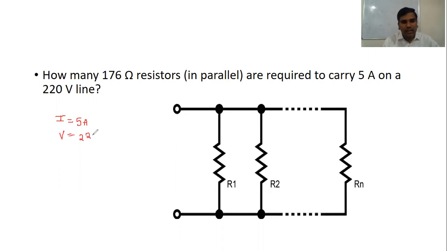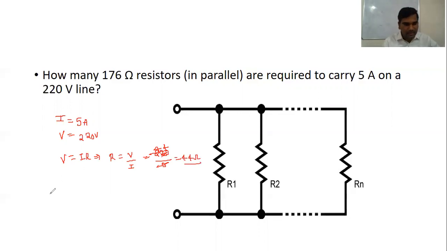The total resistance, again using Ohm's law, V is equal to IR, so R is equal to V by I. That is 220 by 5. We will get 44 ohms. The total resistance of this network should be 44 ohm.